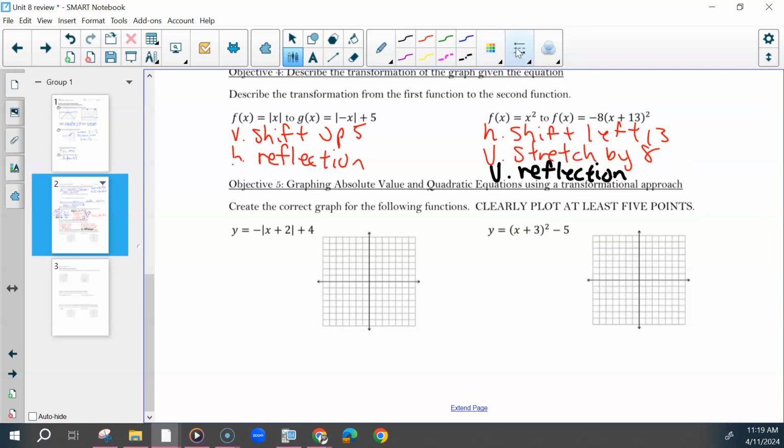Okay, and then you can either find the vertex and then graph it, or graph it and then find the vertex. Does not matter. Vertex is whatever the inside is, the opposite, so -2, and then whatever the outside is.